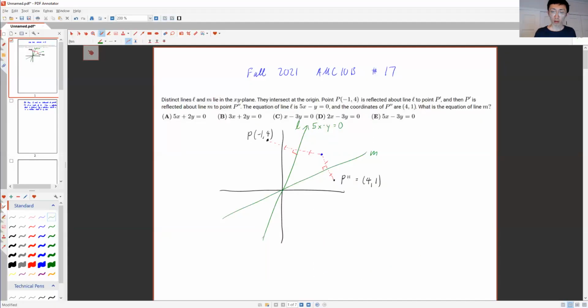Okay, so let's take a look at the diagram. So we have this point P, and it gets reflected over to P prime, and then P prime gets reflected over M to P double prime. And the two lines intersect at the origin. So one way you could do it is just to coordinate bash the locations of all the points.